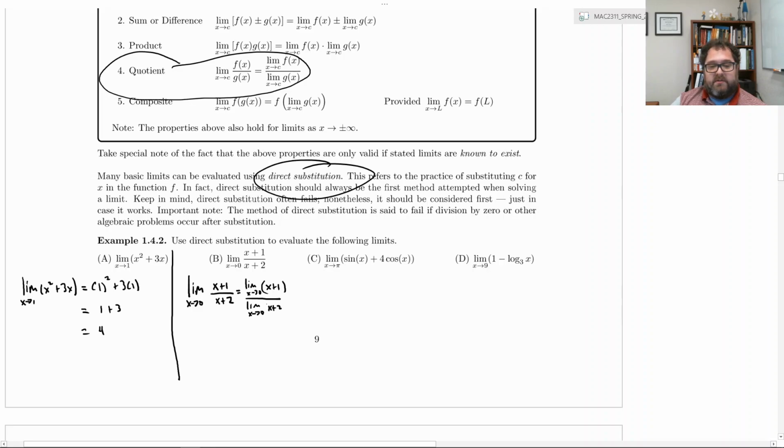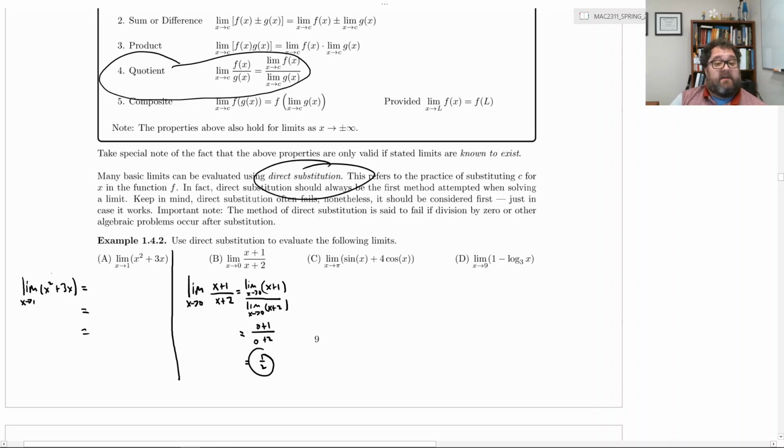And those do need parentheses since there's multiple terms. Now we can say to ourselves, that's an easy limit to take. I can just use substitution. So on the top, we get 0 plus 1, and on the bottom, we get 0 plus 2, and that gives us overall 1/2.